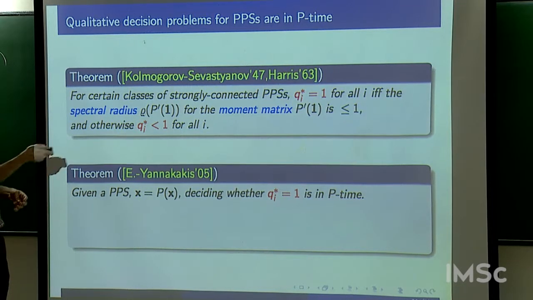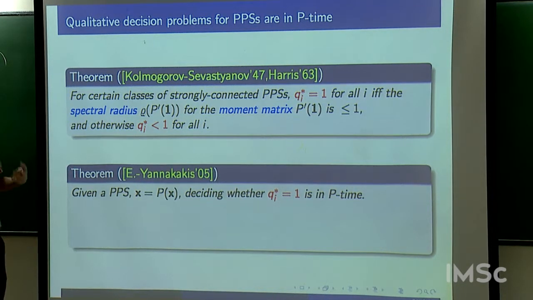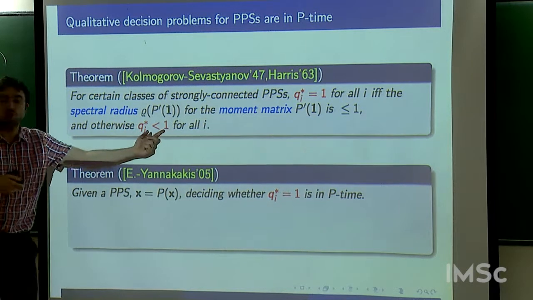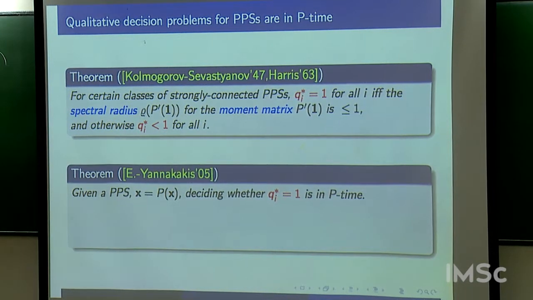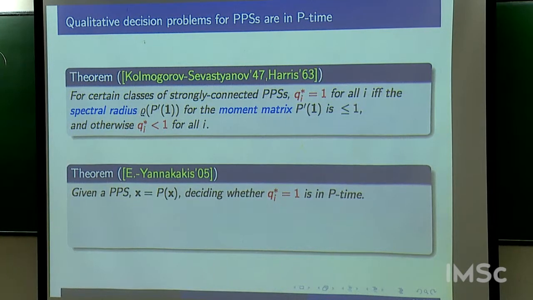Then you terminate with probability 1, extinction happens with probability 1, and otherwise extinction happens with probability strictly less than 1.